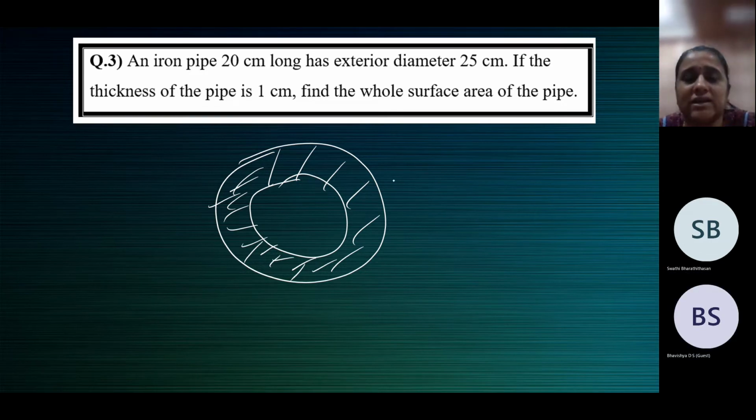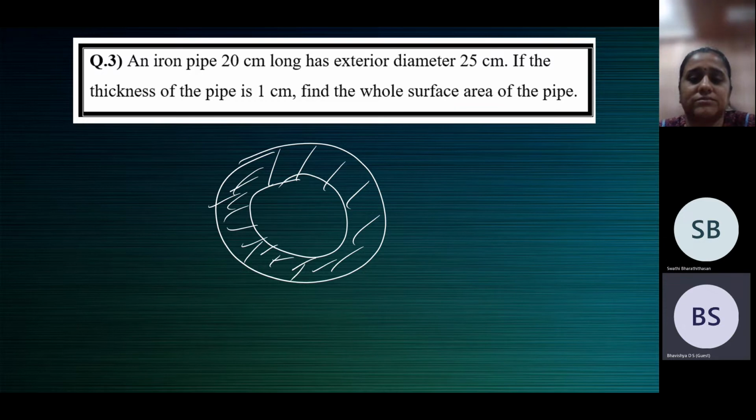Like you did for the rectangle, the shaded region between the rectangles. Ma'am, pi r square. No, I don't want the formula, I want it in words. Ma'am, area of the outer circle minus inner circle. Okay. See, in the earlier example, it was the area between two rectangles.